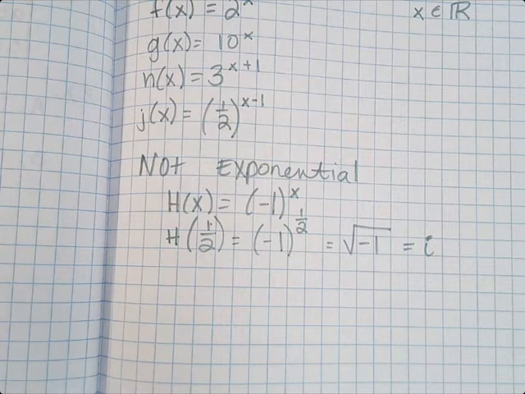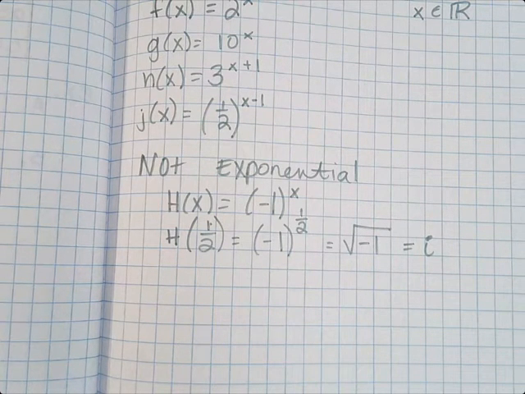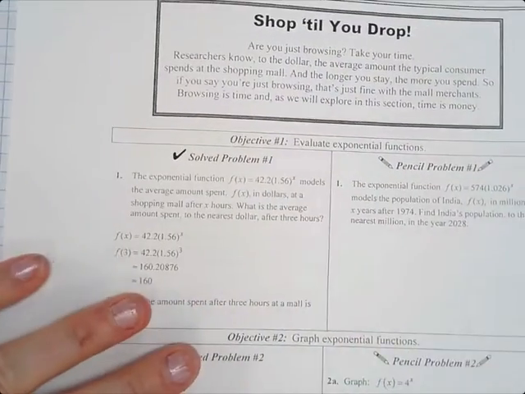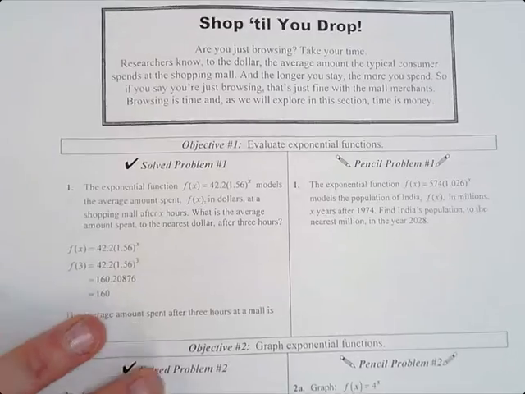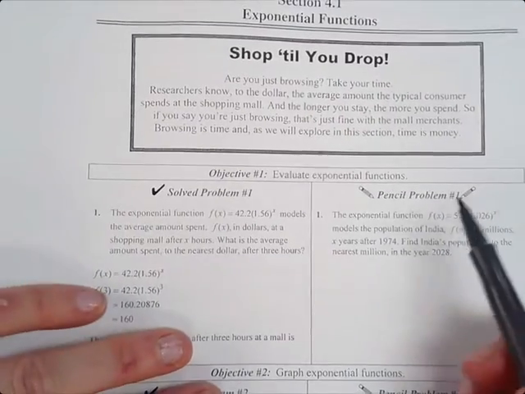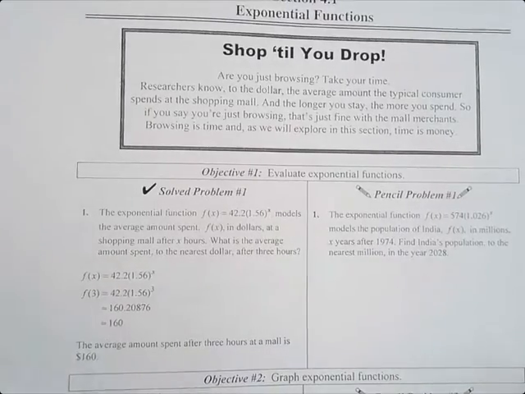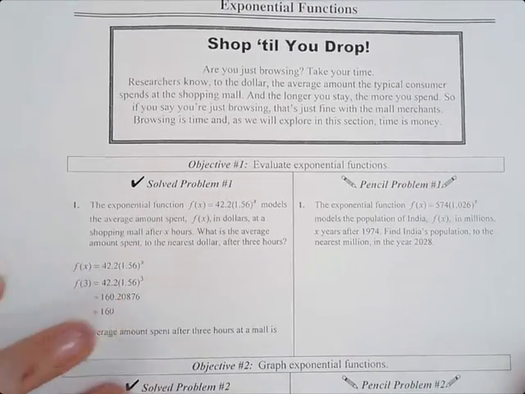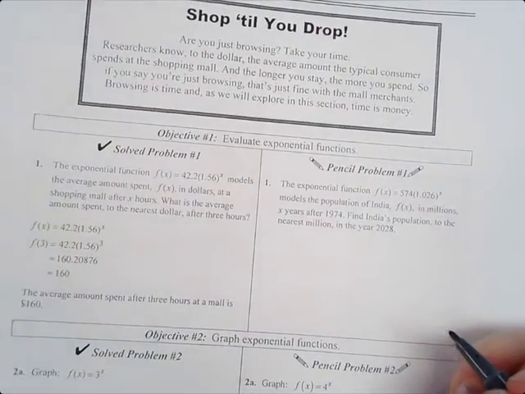Okay, we can evaluate exponential functions by substituting in a number for x. So if we look at our notes, let's look at number 1. Evaluate exponential functions just means that we are going to substitute in a value for x and solve.